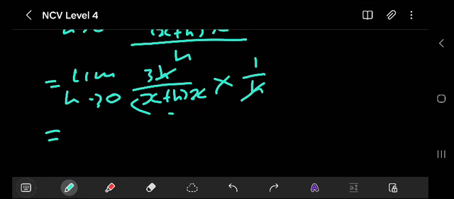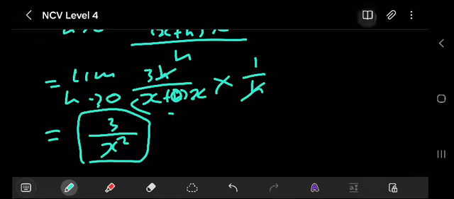If you substitute 0 there, the h term becomes 0, so we simply have 3 over x plus 0, which is simply x, multiplied by x. Here we'll have x squared.